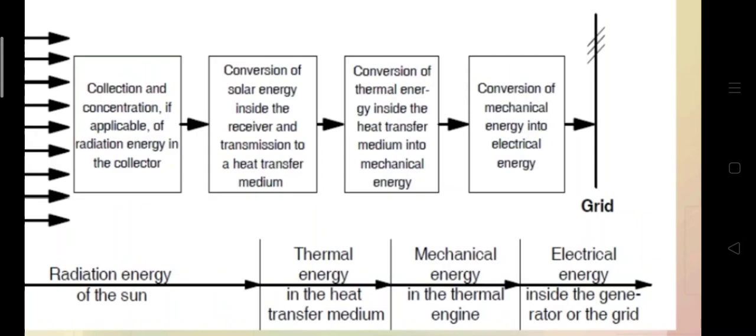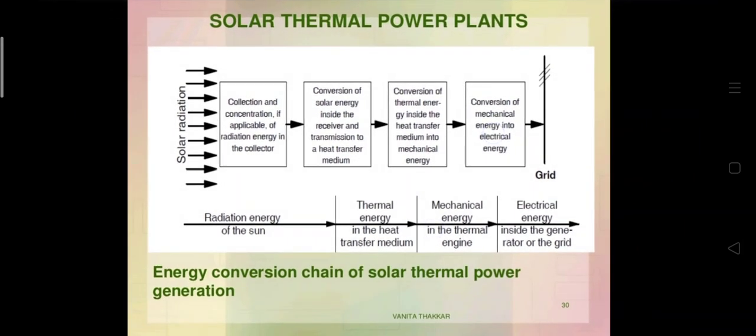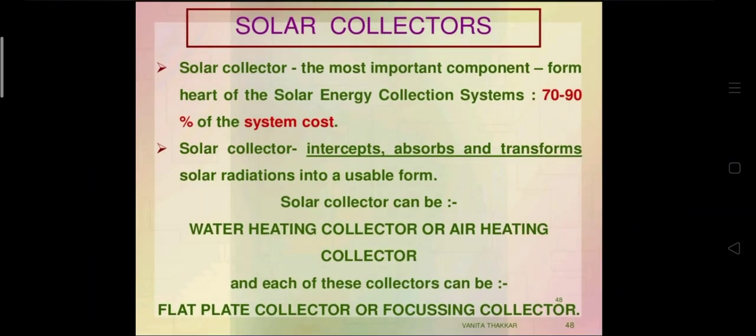So the radiation energy of the sun is converted in three stages: first thermal energy, second mechanical energy, and third electrical energy. This is solar thermal power plant energy conversion in solar thermal generation.